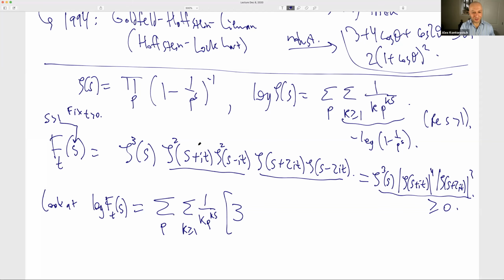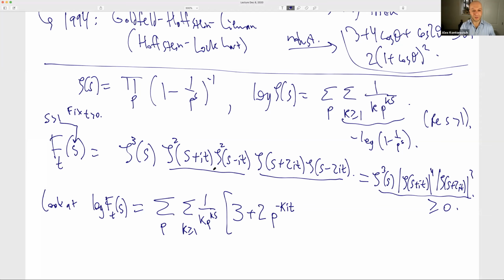How about here? When I do the same thing, instead of s, I have s plus it. But again, I just get exactly the same formula. So there's a 1 over k p to the k s plus it. So let me take that plus it and make it a p to the minus kit. And there's 2 of them, so there's a factor of 2 in front.